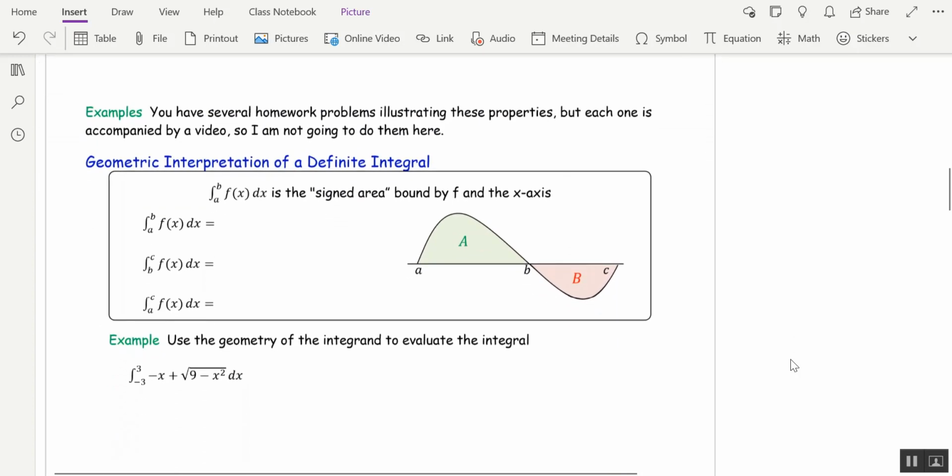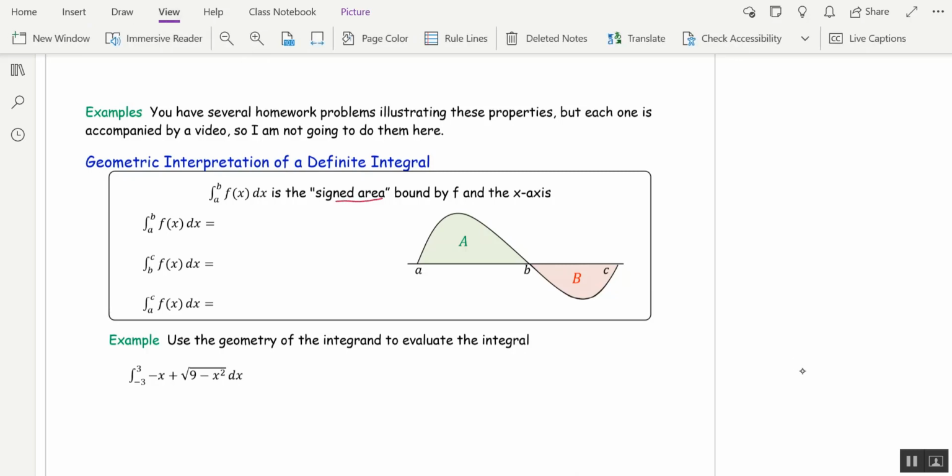Let's talk about the geometric interpretation of a definite integral. As I mentioned before, we want to think of it as the signed area bound by f and the x-axis. So let's look at three integrals over here. The integral from a to b of f of x dx. This is the area of region A, because going from a to b, the curve lies above the x-axis.